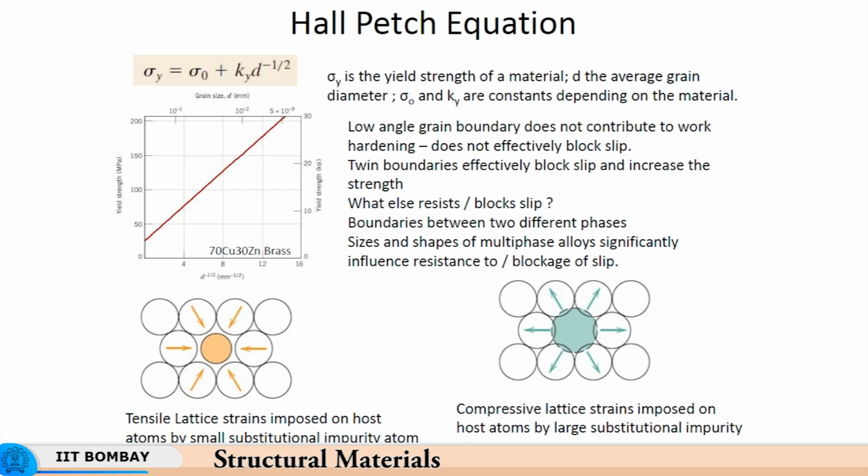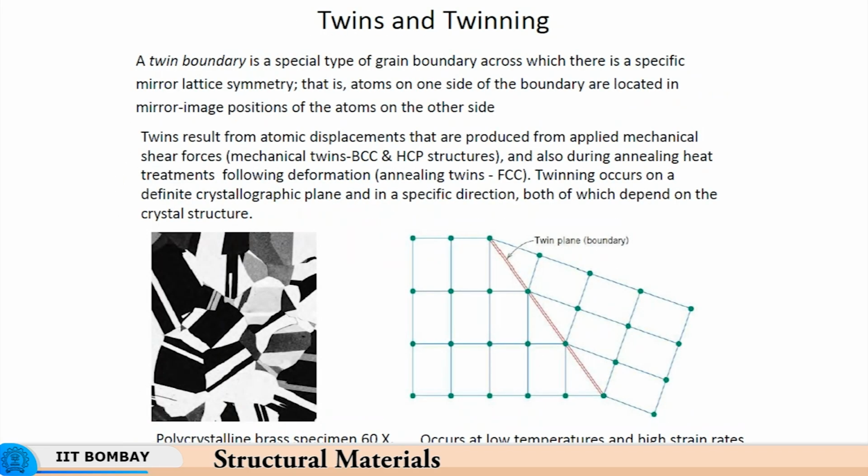But the mechanism with which the movement of dislocations is impeded is because of these lattice strains, and the extent of lattice distortion is the one that results in the hardening of the material, or the resistance to movement of the dislocation, which we experience on a macroscopic scale as hardening.